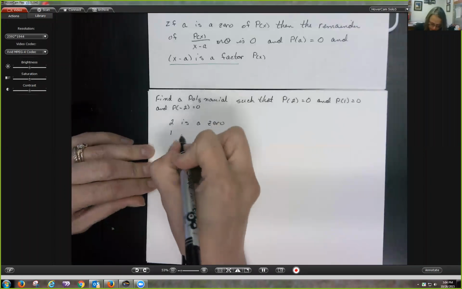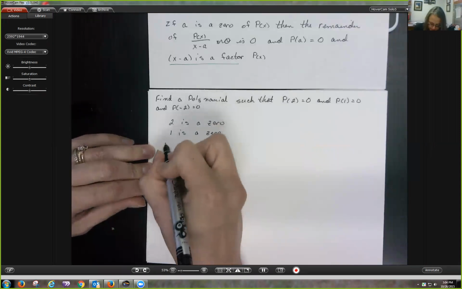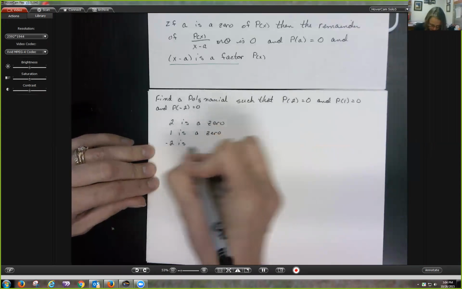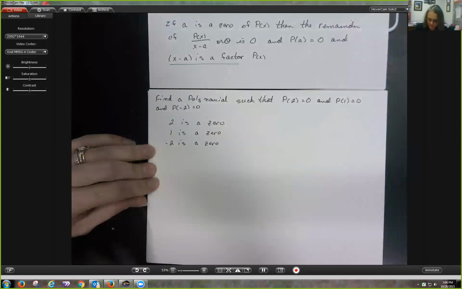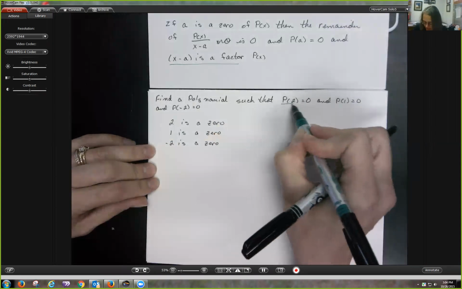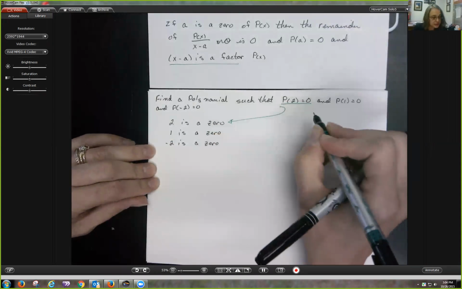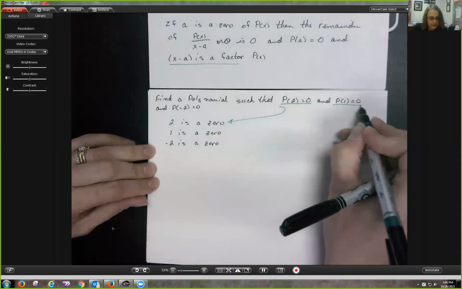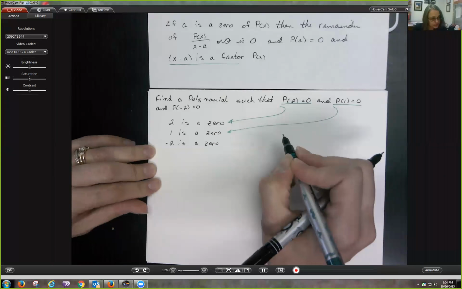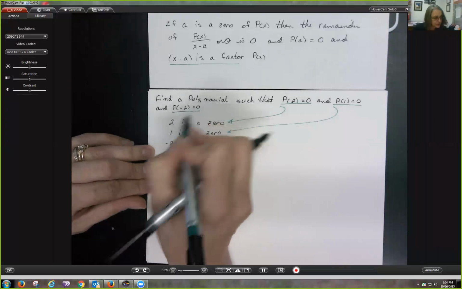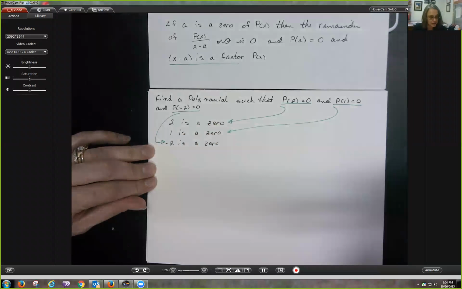We're told that 1 is a 0. And negative 2 is a 0. That's what this statement means. If p of 2 equals 0, that means that 2 is a 0. If p of 1 equals 0, that means that 1 is a 0. And if p of negative 2 equals 0, then negative 2 is a 0.